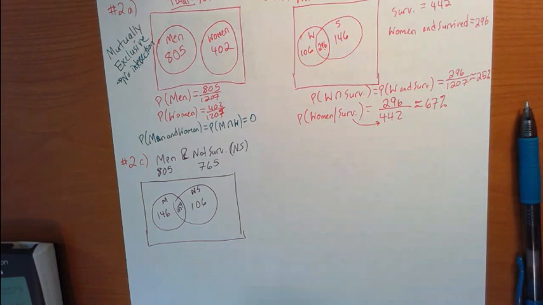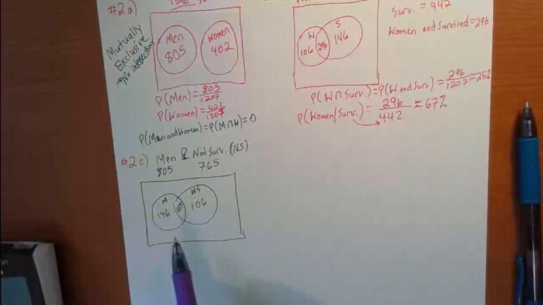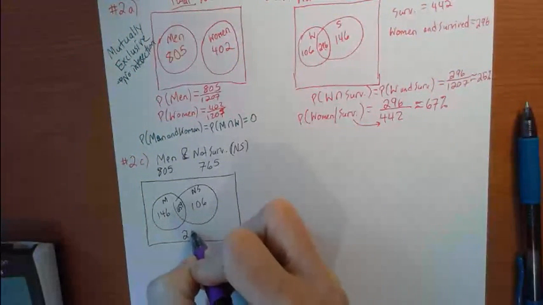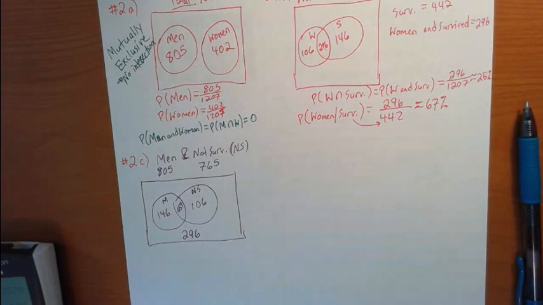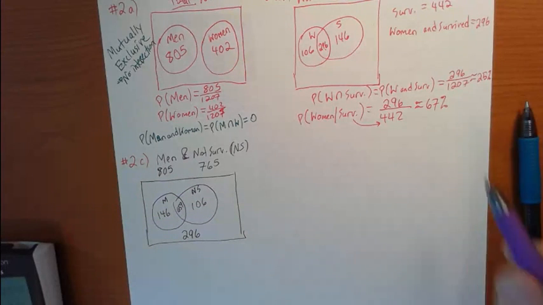So we've made that, and then outside of that, 296 is representing if you're neither a man nor a non-survivor. So that would basically leave women survivors as the 296 total. And we saw that in our last probability up here in the corner, 296 was accurate.